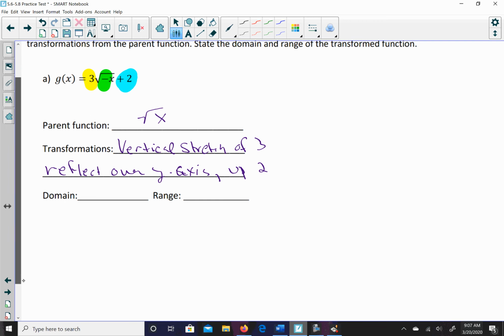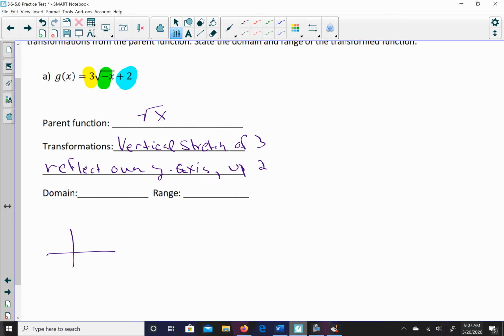Now normally this parent function would look something like this. The domain is going to be the same, but since I'm reflecting over the x-axis, my domain is going to be down here. I'm reflecting over the y-axis. I drew it wrong. My bad. Reflect over the y-axis.